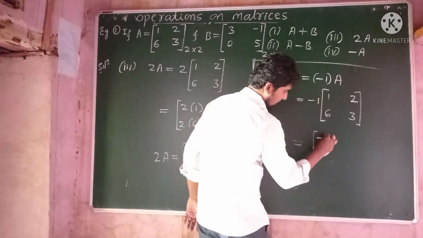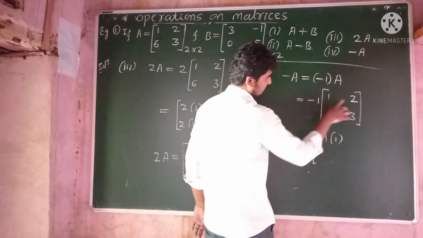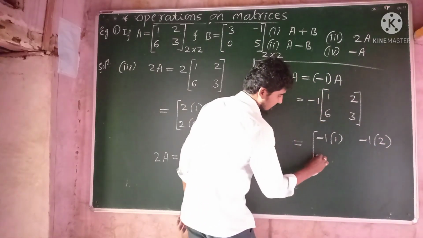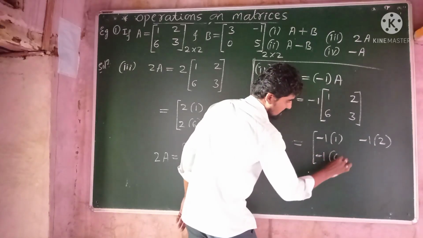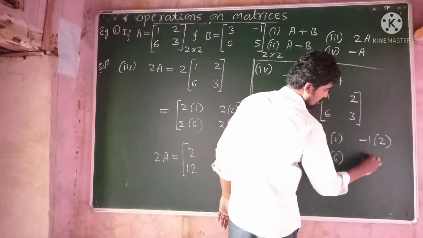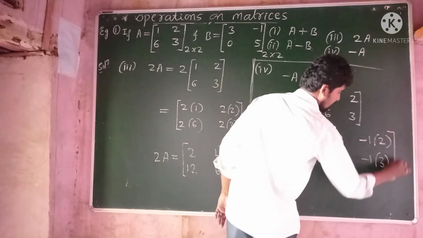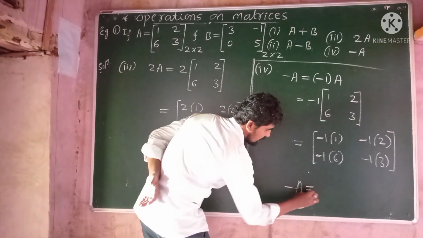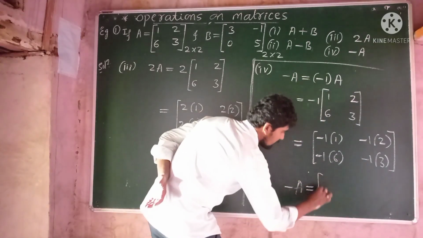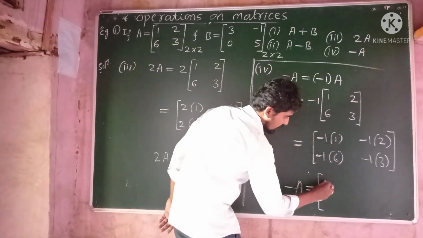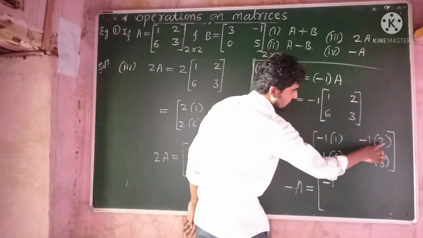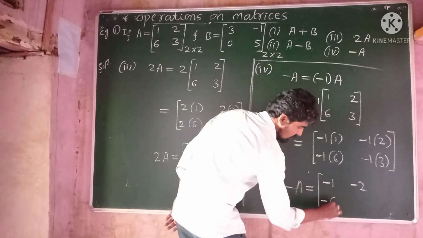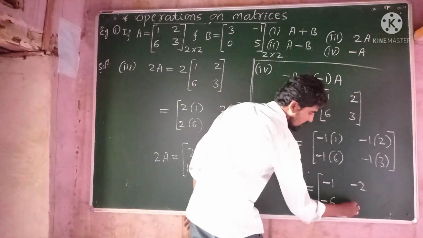Minus 1 into 1, and then minus 1 into 2, and then minus 1 into 6, and then minus 1 into 3. Therefore, minus A or negative of the matrix A is equal to minus 1 into 1, minus 1, minus 1 into 2, minus 2, minus 1 into 6, minus 6, minus 1 into 3, minus 3.